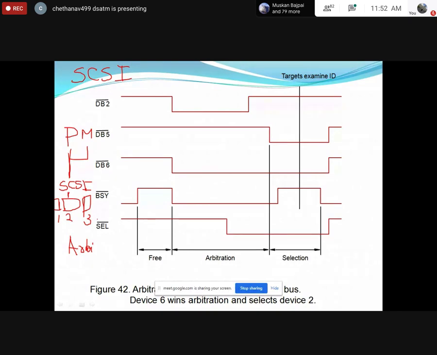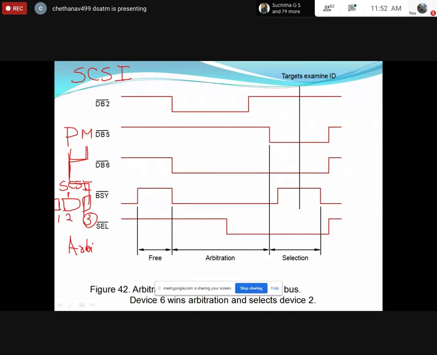Suppose out of three disks, the third disk has the highest priority based on the arbitration process. Then disk 3 will transmit the data via the SCSI controller to the memory. I hope you are clear. That selection process is known as the arbitration process.